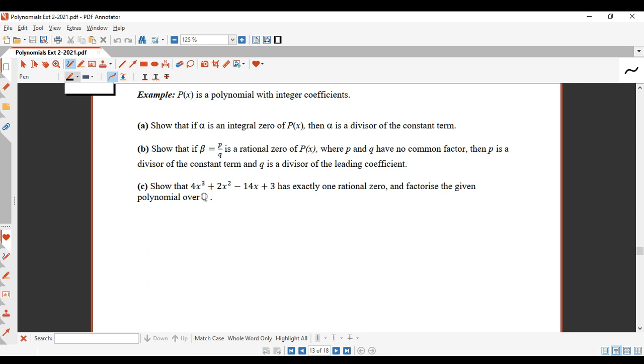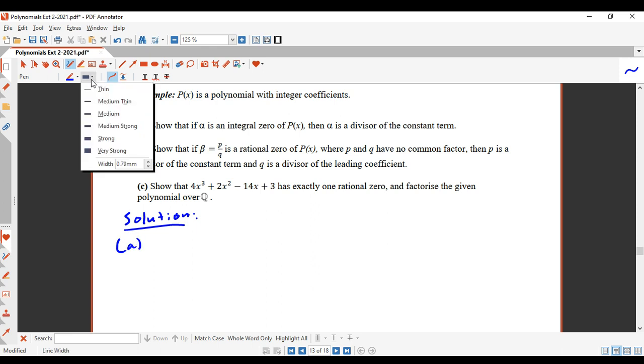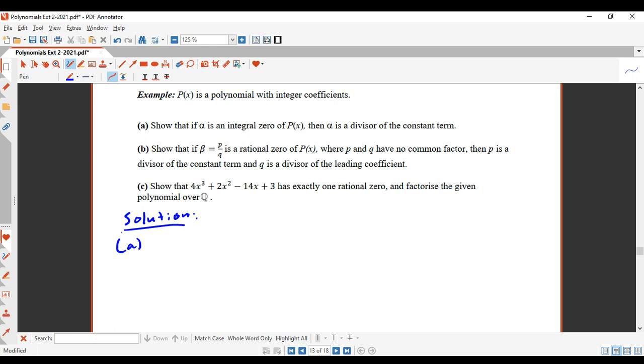Okay, so let's change colours here. So for our solution, part A. All right, so what we're going to do is start off by saying what p of x is equal to.